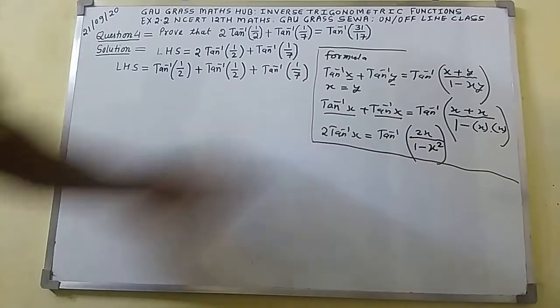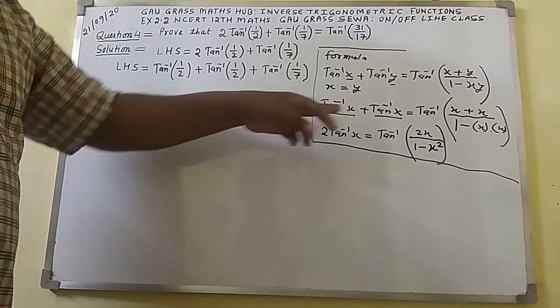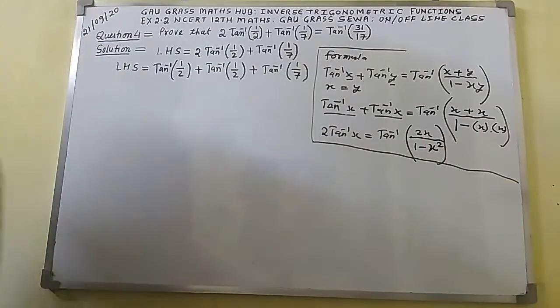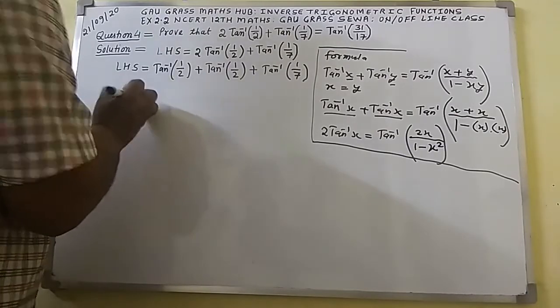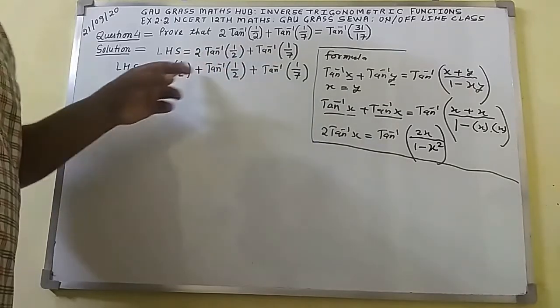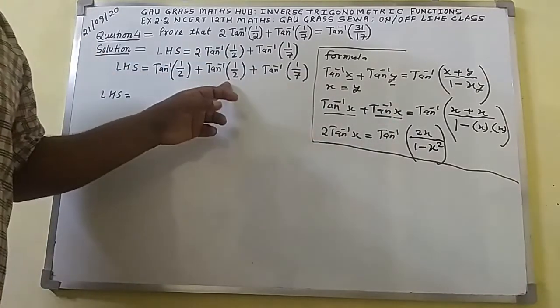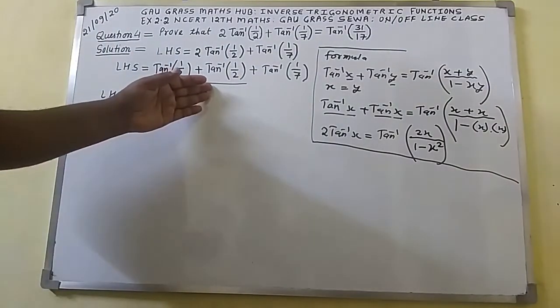On the basis of this concept, in place of x, 1/2 is written. So I can write LHS equal to, in place of x, 1/2 is there. These two terms will be operated first.